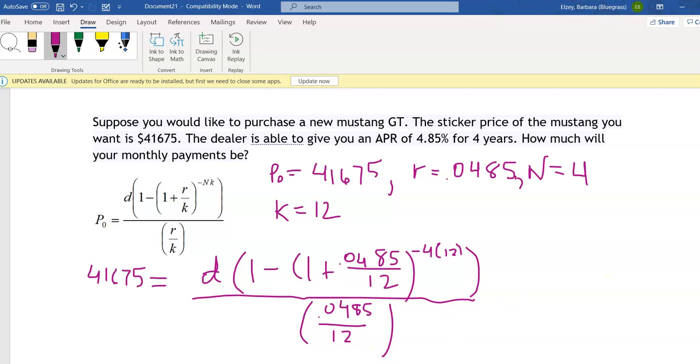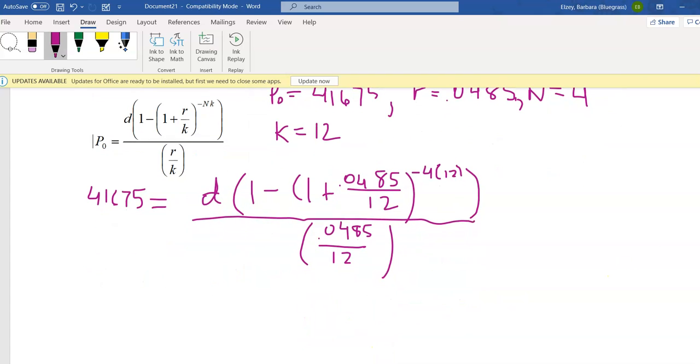All right, so just like before, we need to work the little inner parentheses first. So we need to do the 1 plus 0.0485 divided by 12 first. So I'll just kind of rewrite the rest of it.